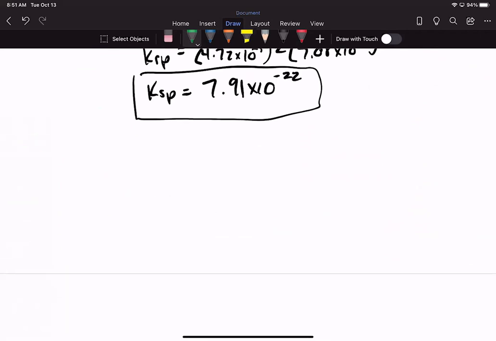When we're talking about Ksp values, hopefully you recall this Q that we have. Q is equal to Ksp, but this is only true at equilibrium.